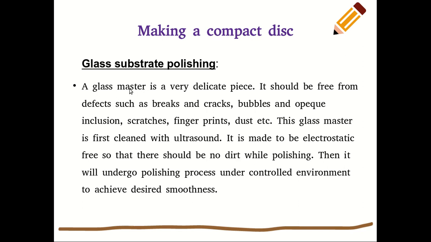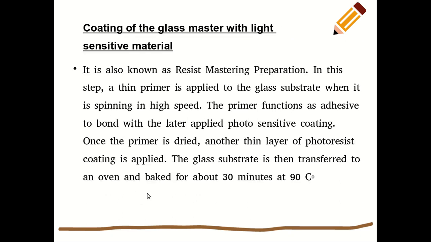The very first thing that is taken into account about the glass master and the CD preparation is that the glass master should be free from various defects. It should be dirt free. There should be no scratches, and after clearing all these defects, a glass master undergoes a polishing process under a controlled environment in order to obtain the desired smoothness.